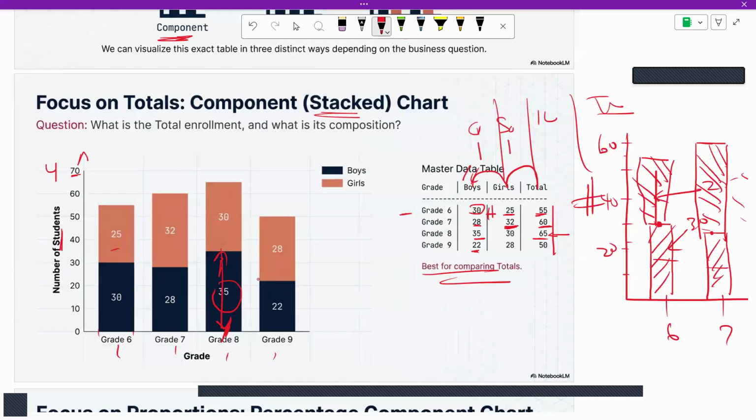And here, 32, the highest number of females is in the class 7 portion. Right? So when do we use this kind of component chart or stack chart? We can use this chart when the total matters.